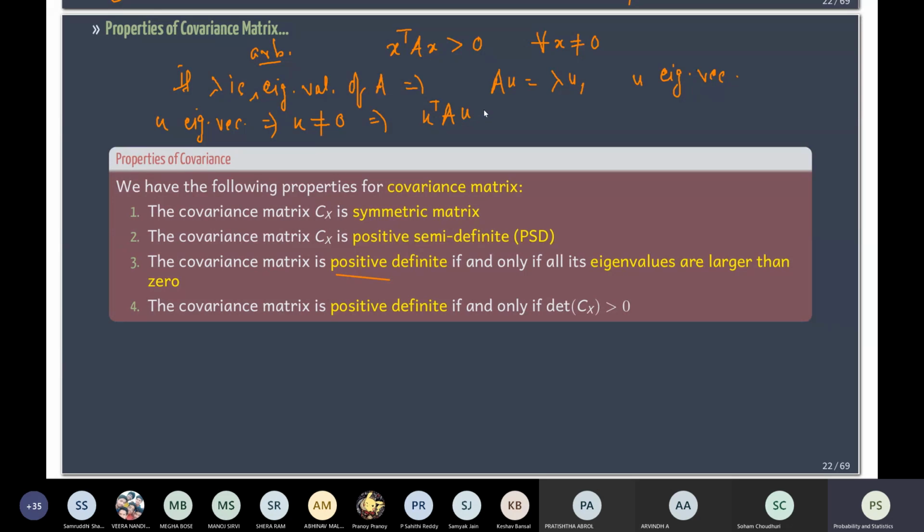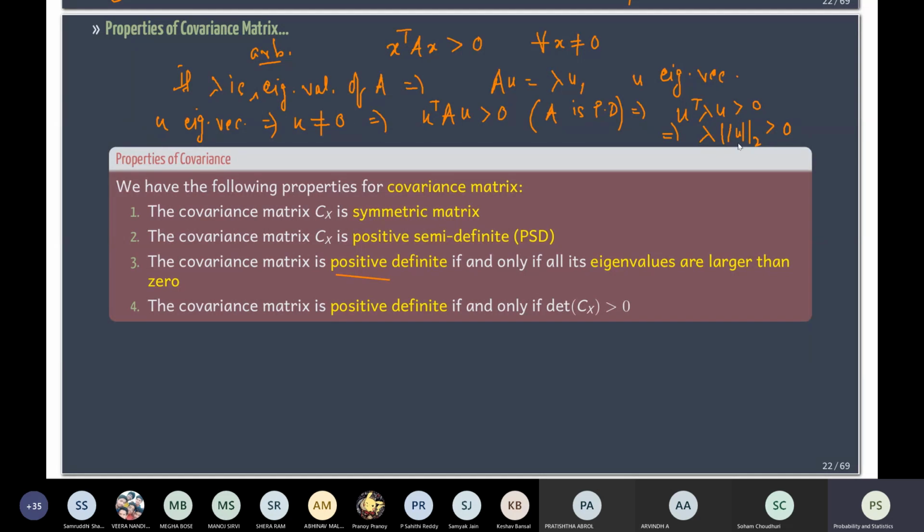This is supposed to be greater than 0 because A is positive definite. But what is u transpose AU? AU is lambda u, so u transpose lambda u is greater than 0. This implies lambda times the norm of u is greater than 0.